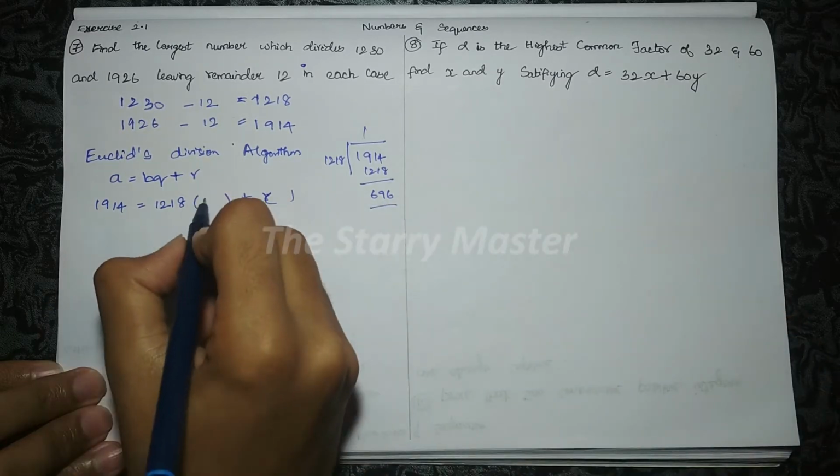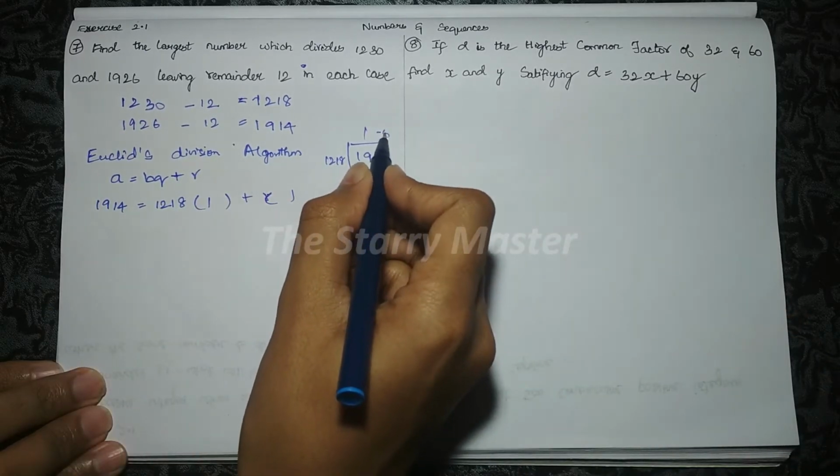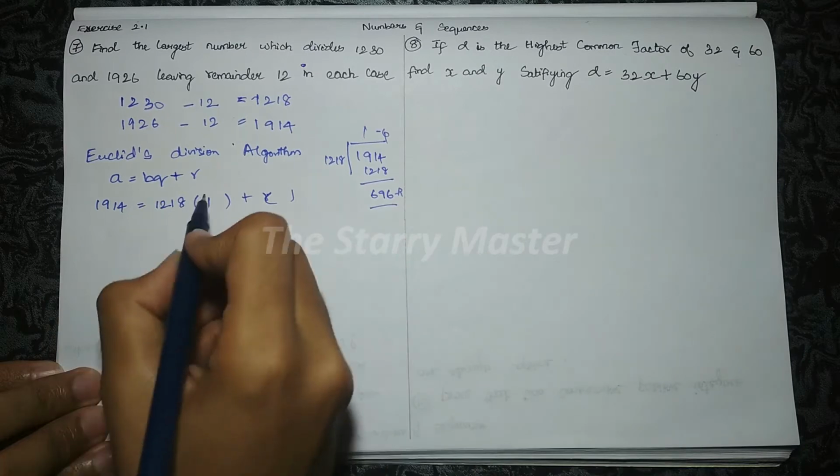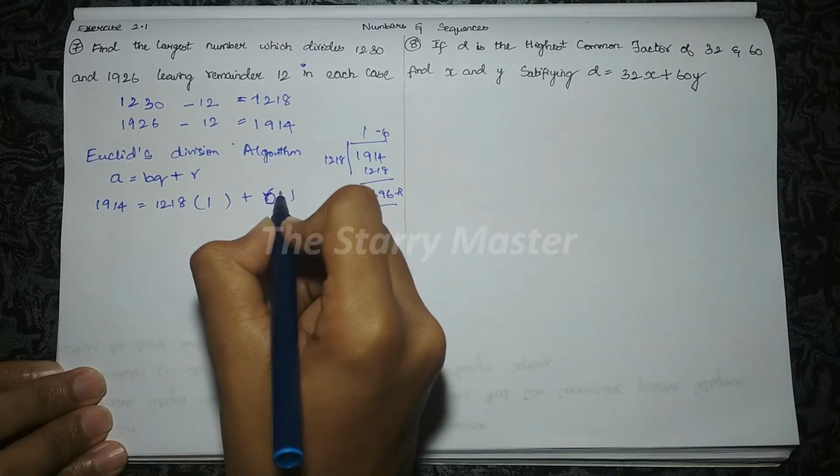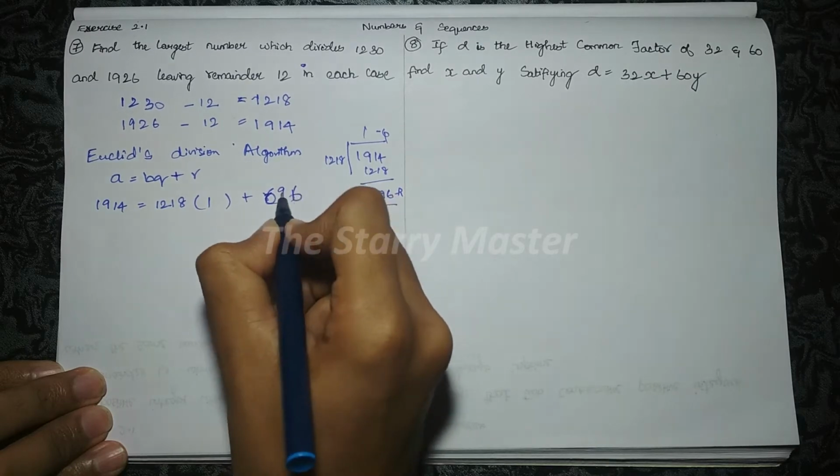So we take the quotient q here, and the remainder we've got here is 696.